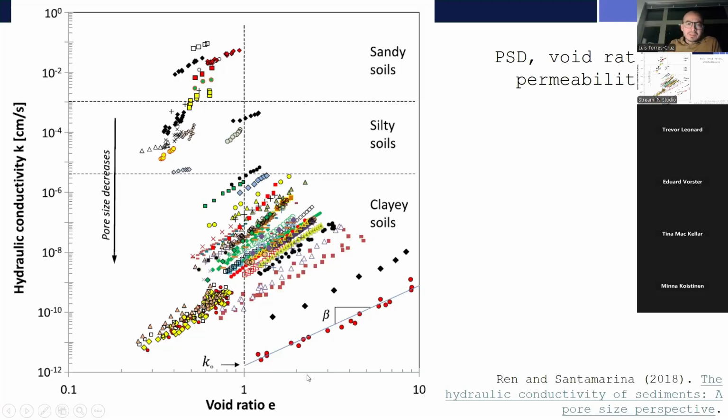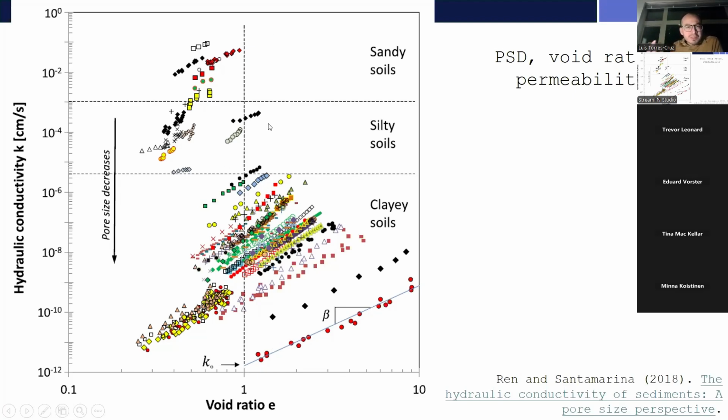The other thing that we see in this graph is that permeability is not uniquely correlated to void ratio, right? At a void ratio of 1, your permeability can be as low as 10 to the negative 10, or it can be as high as 10 to the negative 1, depending on the size of the particles.